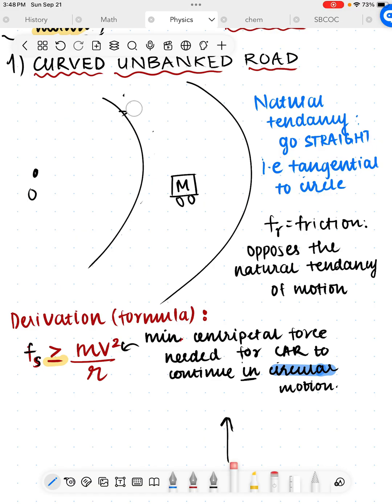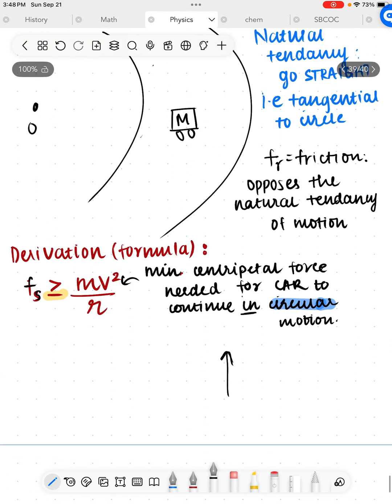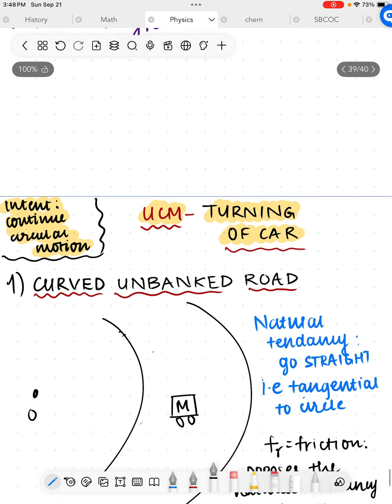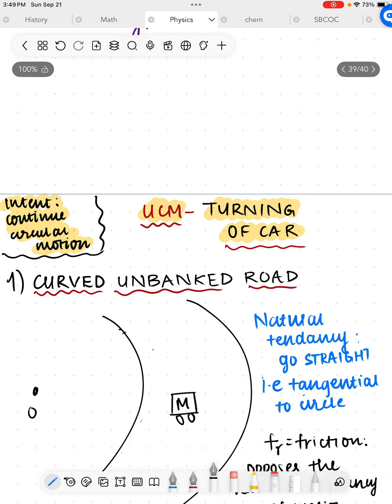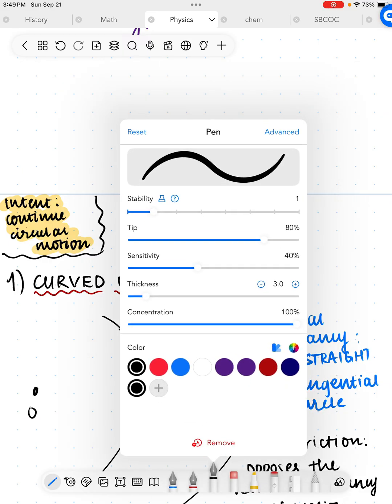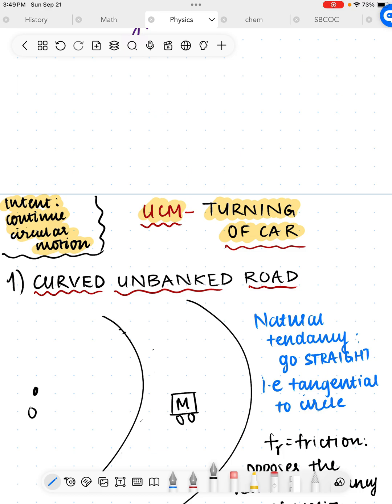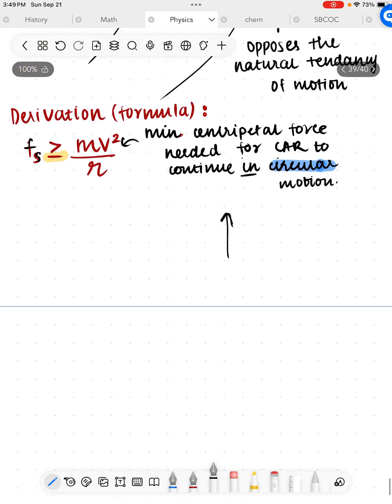It's not going to go away tangentially. Our aim here is to continue circular motion.